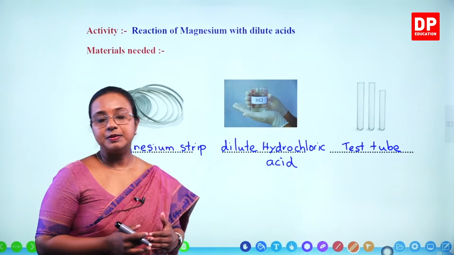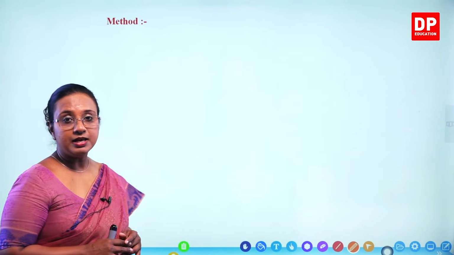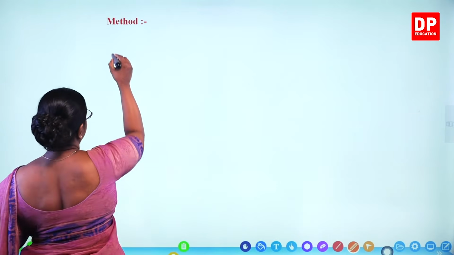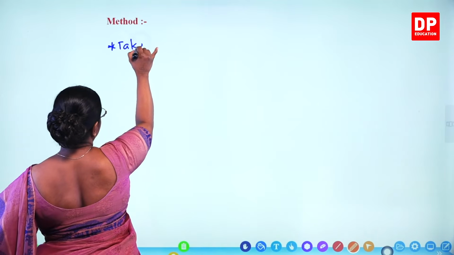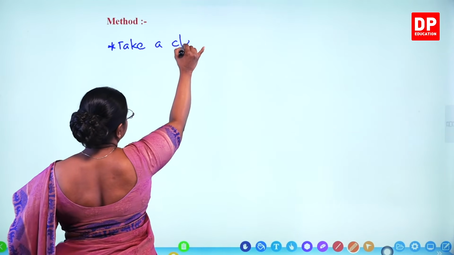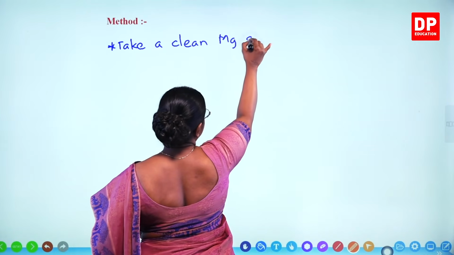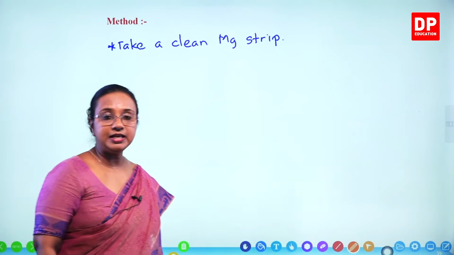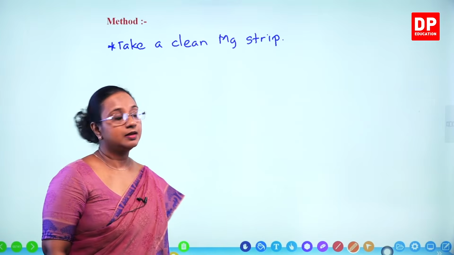A very simple activity. So the method is to use a clean magnesium strip. So take a clean magnesium strip. As you know, if it is not clean, we can clean it using a sandpaper.